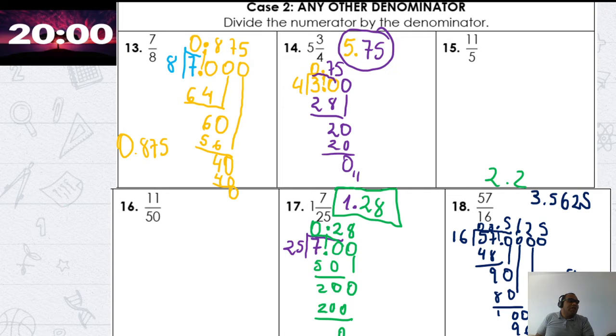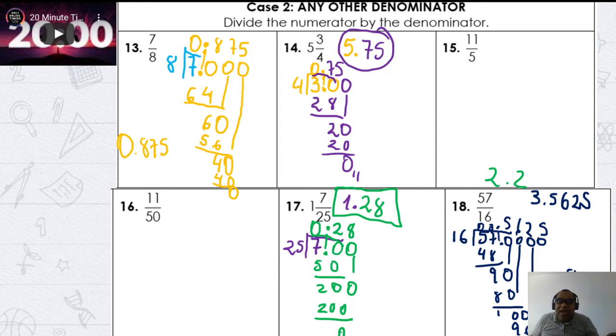And let me solve an example here in case number 2. When we have a fraction and we want to write it as a decimal, you just divide. Number 15 example over here. We have 11 over 5. 11 goes inside the box, and number 5 outside the box.